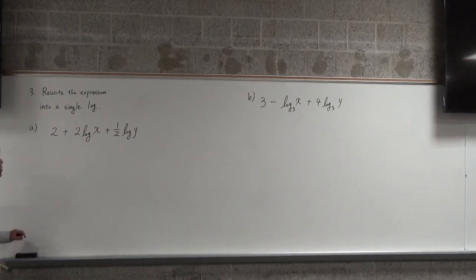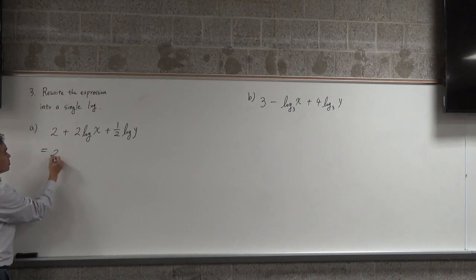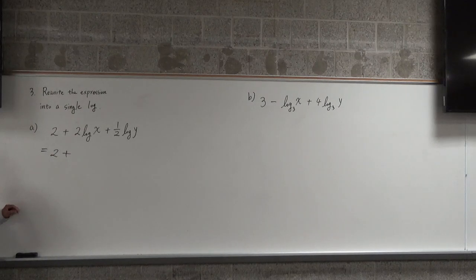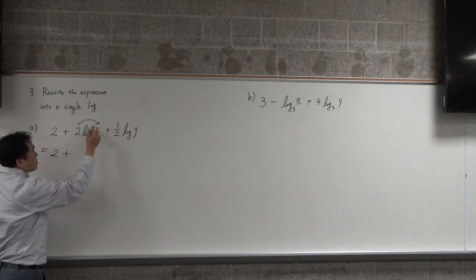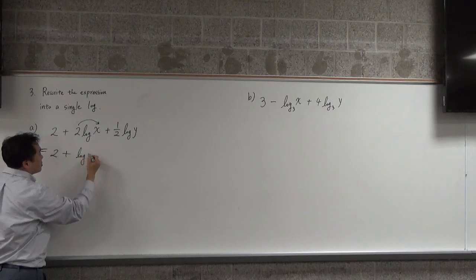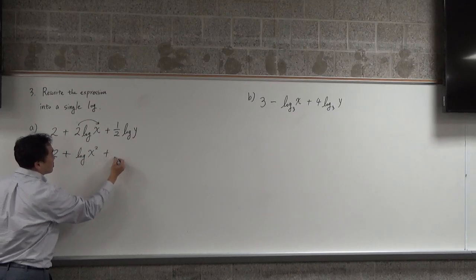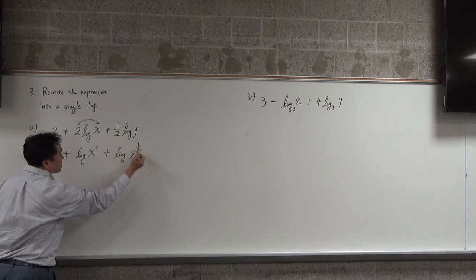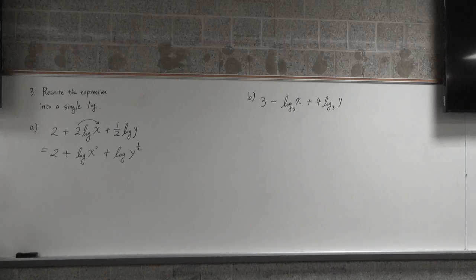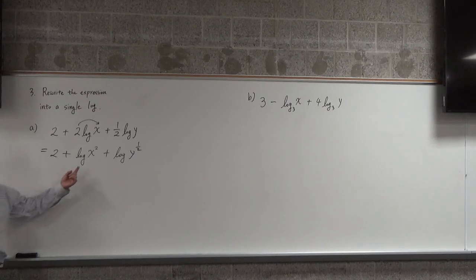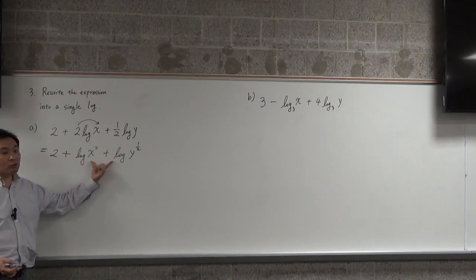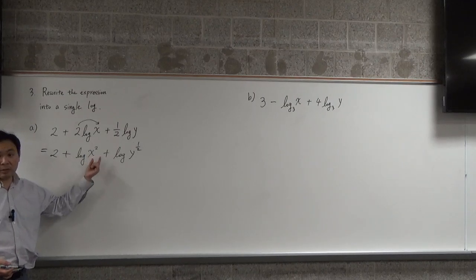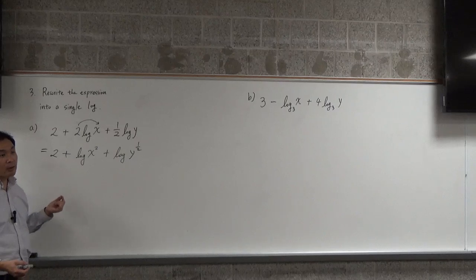So for this first question, you can bring the 2 up here. Also make the 1/2 jump over here. And then you can see that now you can make these 2 logs become a single log by making multiplications, right?